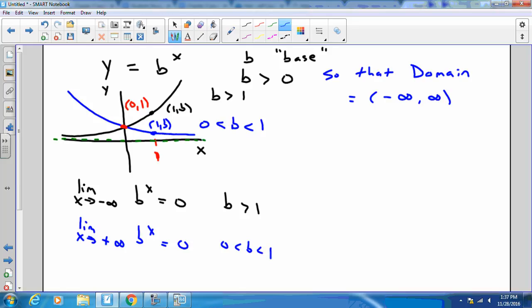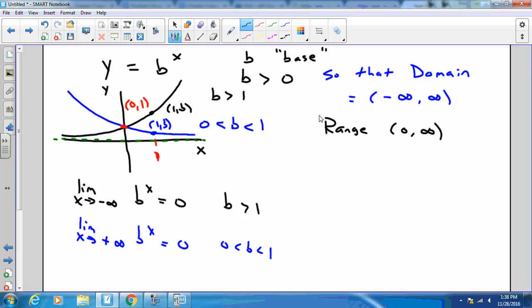That's correct. The range of our exponentials for all values of b is 0 to infinity, not including 0. And the reason for that is very straightforward. There is no power that I can raise b to in order to get a negative number. A positive number raised to any exponent will always be positive.